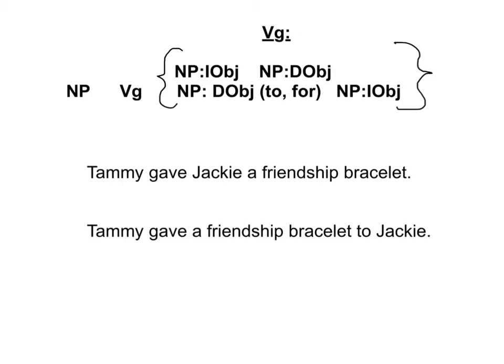All right, now you've come to VG, and VG is the verb of giving. And remember that this is one of our two-term transitives, meaning it is a transitive verb. It has to have an object.